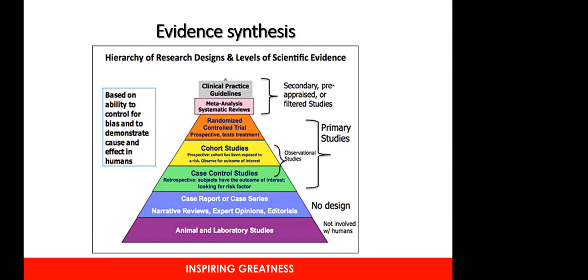And according to this hierarchy, the animal and lab studies are important, but the reason they're at the bottom is because the findings of each research paper cannot be directly applied without any sort of bias or question or anything that may come in.